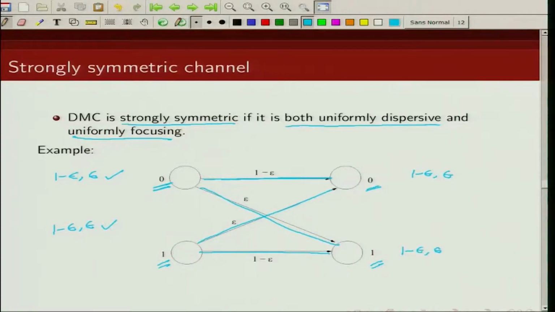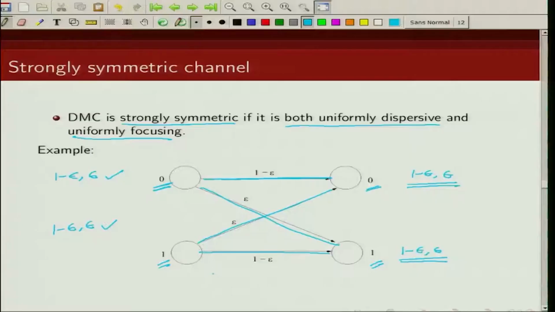These probabilities, again when arranged in descending order, are the same no matter what my output is. So, this is an example of a uniformly focusing channel. So, this is a uniformly dispersive channel as well as a uniformly focusing channel. So, this is a strongly symmetric channel.